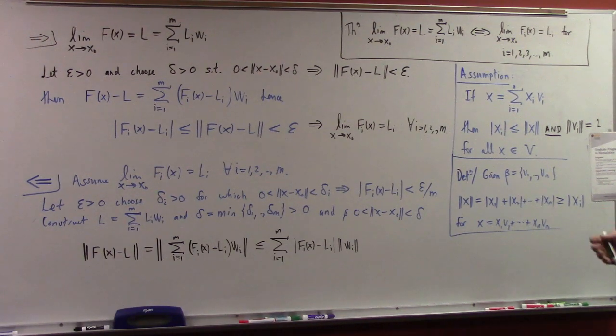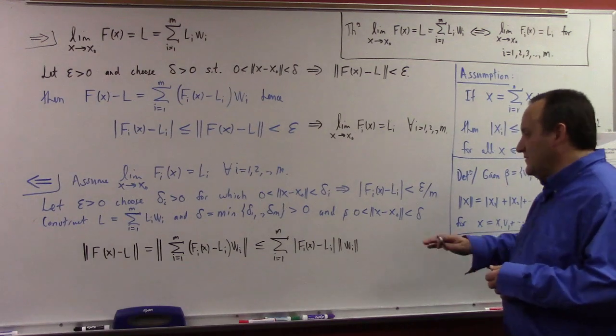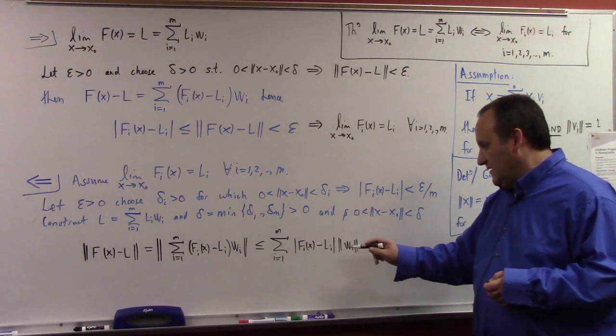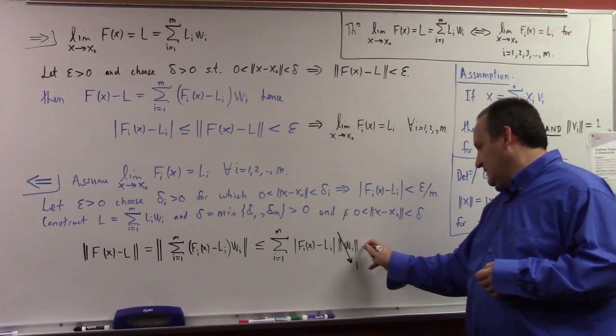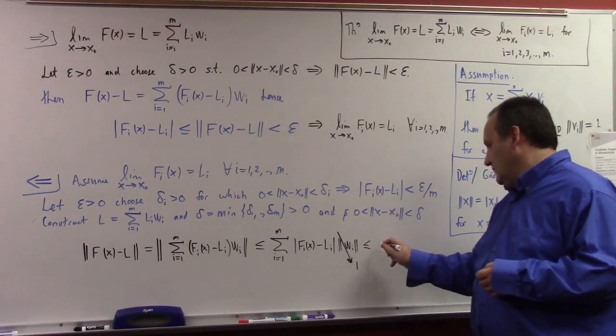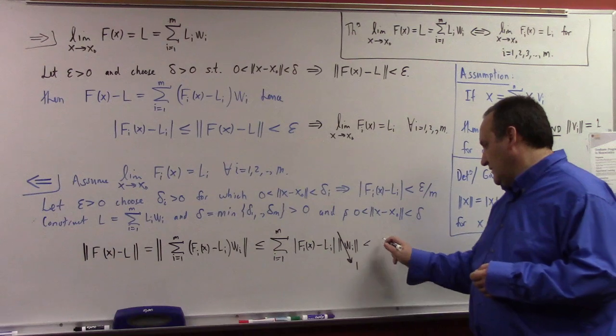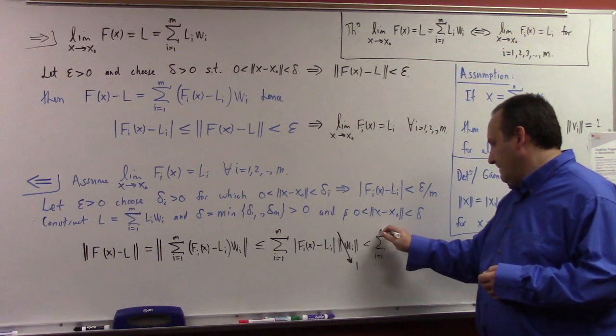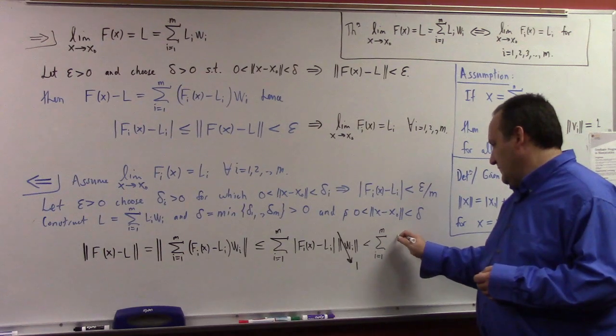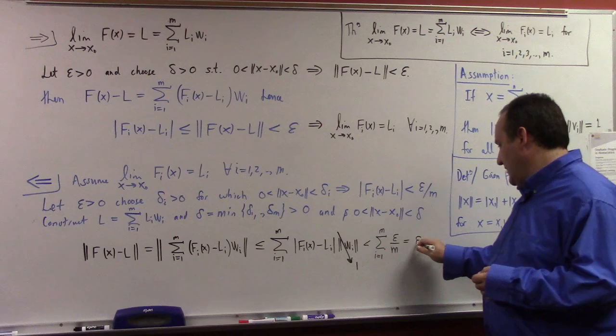So I don't even know if orthogonal has meaning in general for these examples. But certainly if that has length 1, well then this is just equal to 1, and this is less than, because they're all strict inequalities, right? The sum i equals 1 to m of epsilon over m, which is also known as epsilon.